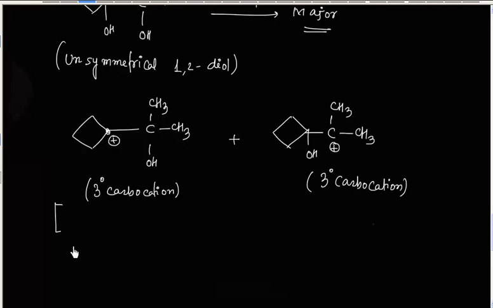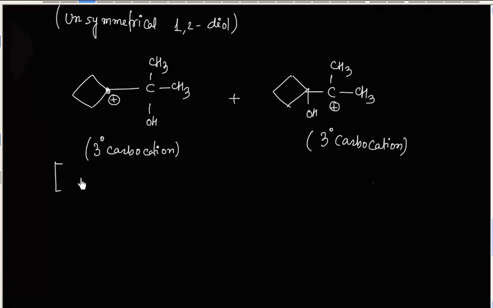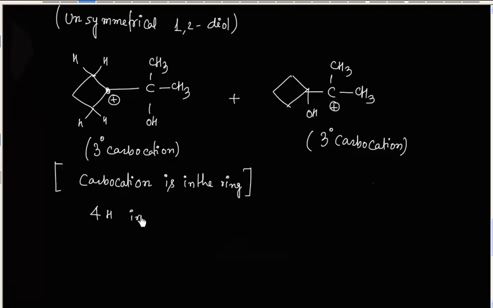The reason is, this carbocation is inside the ring. One reason is that the carbocation is in the ring. Another reason for less stability is that this has 4 hydrogens for hyperconjugation. So 4 hydrogens in hyperconjugation.